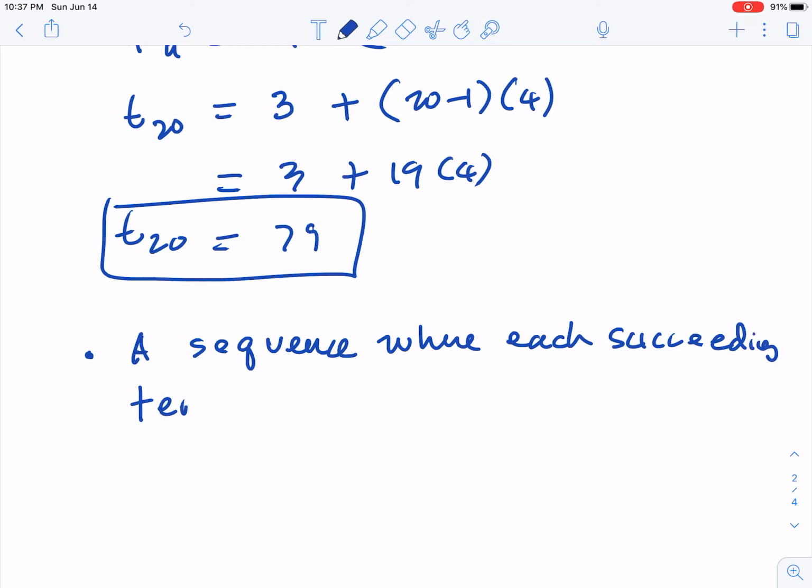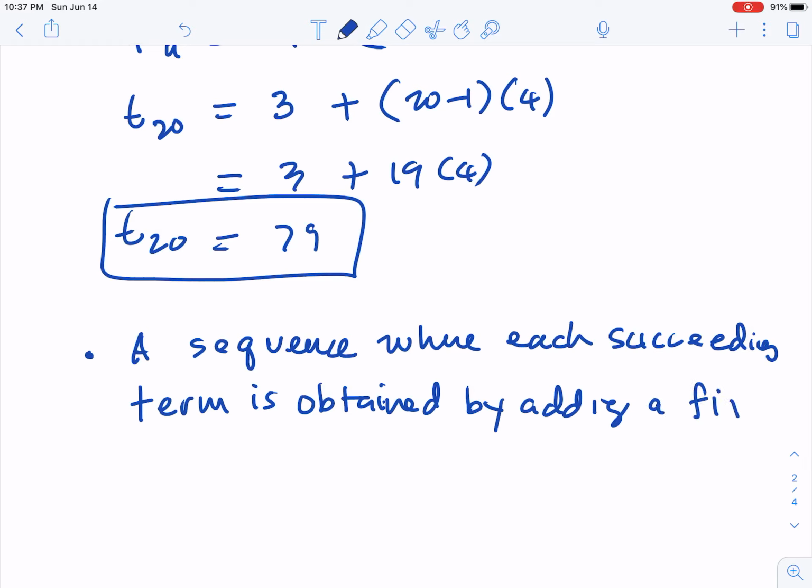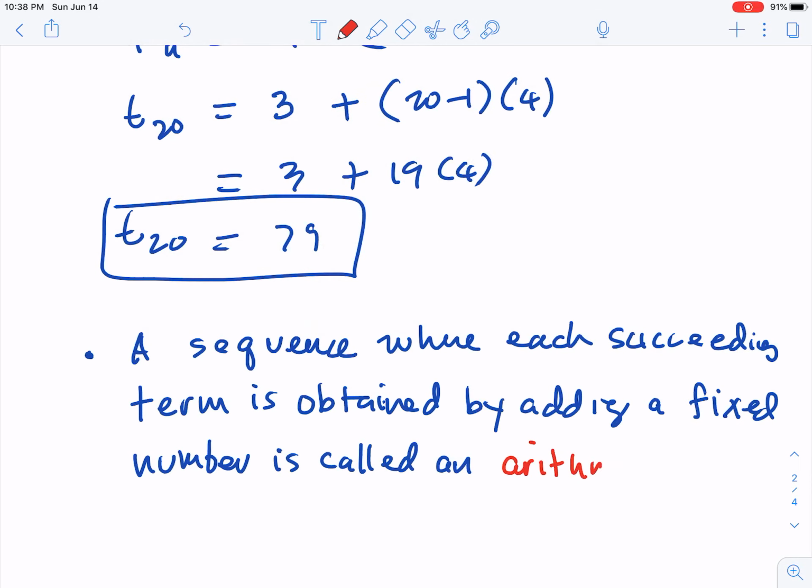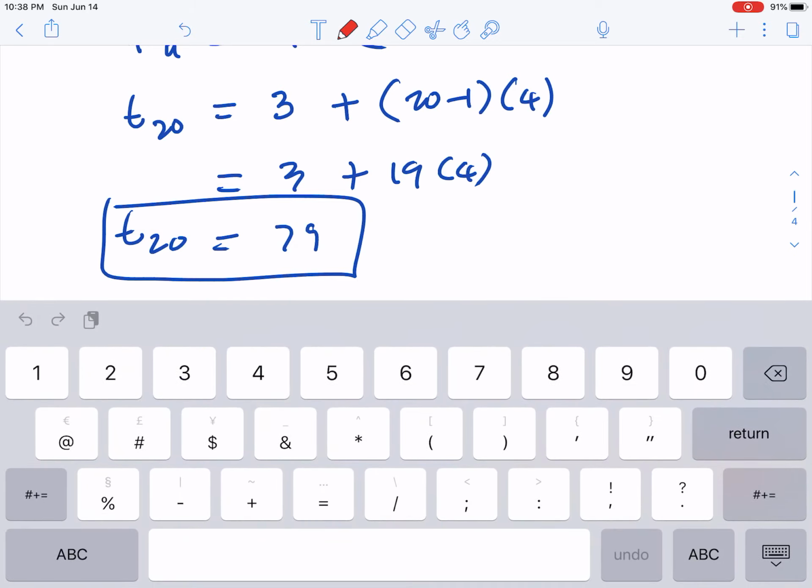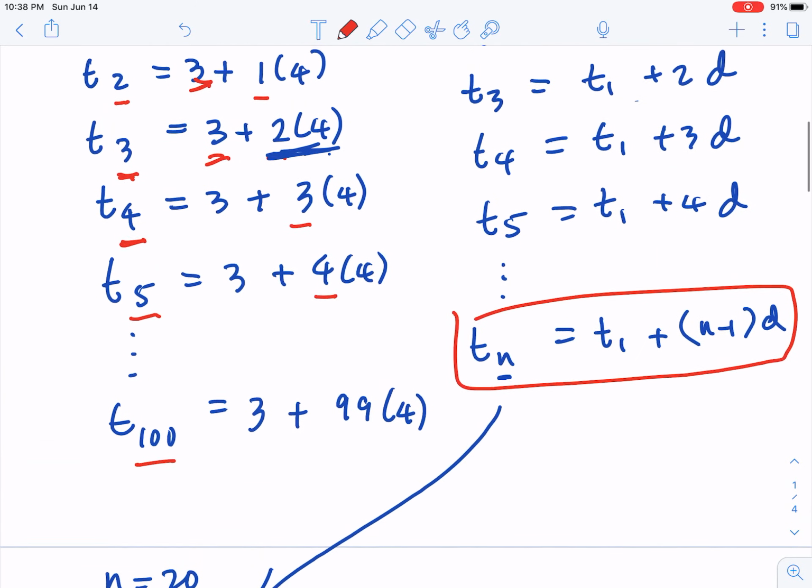Succeeding term is obtained by adding a fixed number. A fixed number is called an arithmetic sequence. So, bawat term niya, nag-a-add lang tayo ng fixed number.